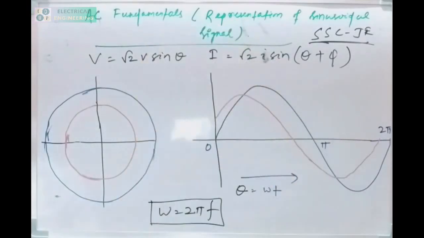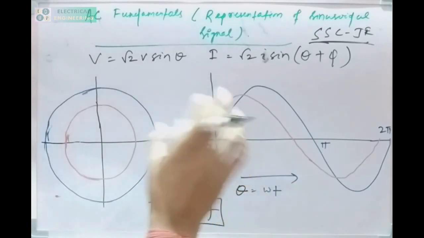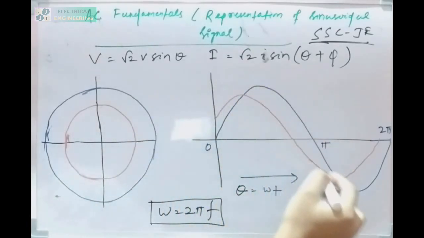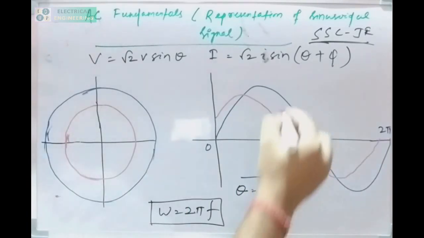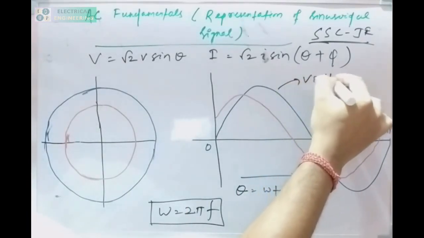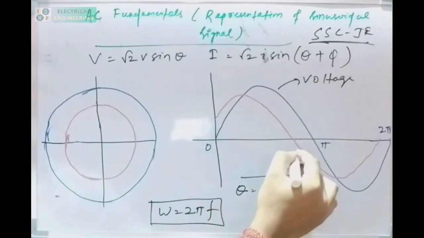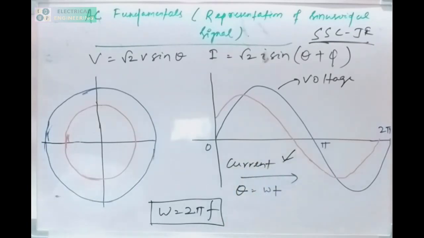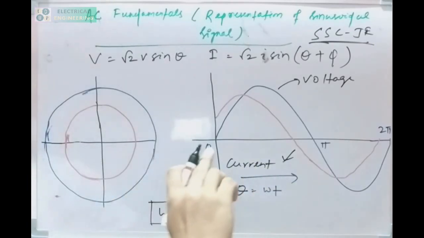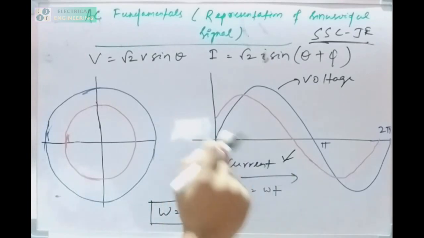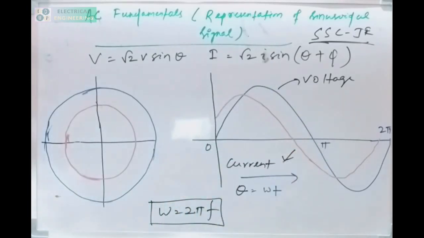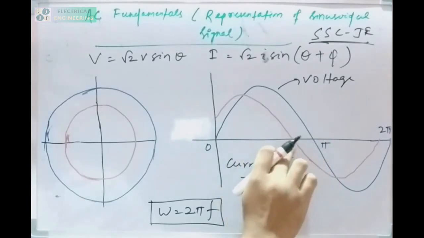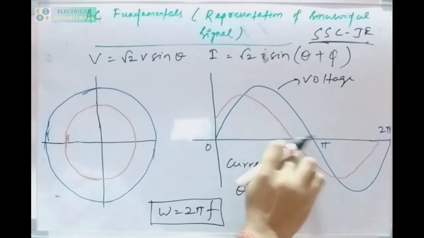If we represent it as a waveform, you can see the blue colored waveform is for the voltage and the red colored waveform is for the current. These two are not in the same phase. There is a phase difference between the zero crossings of the waveforms.